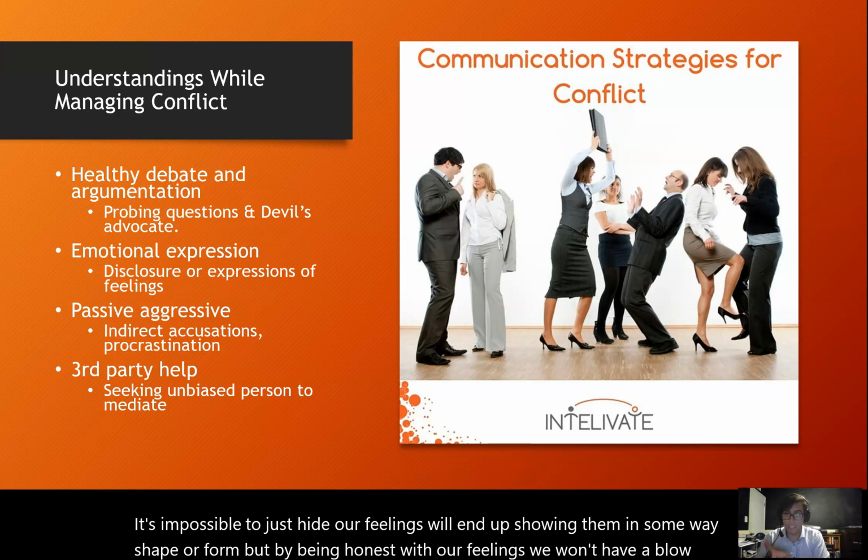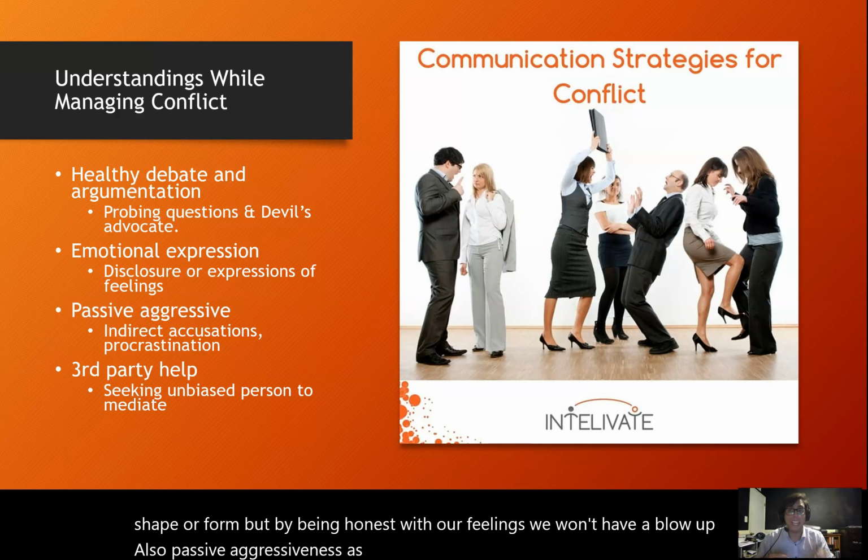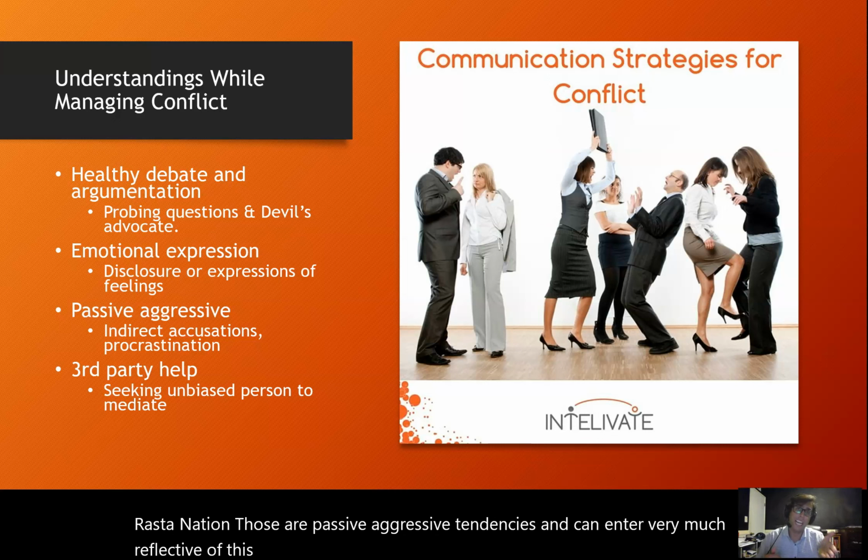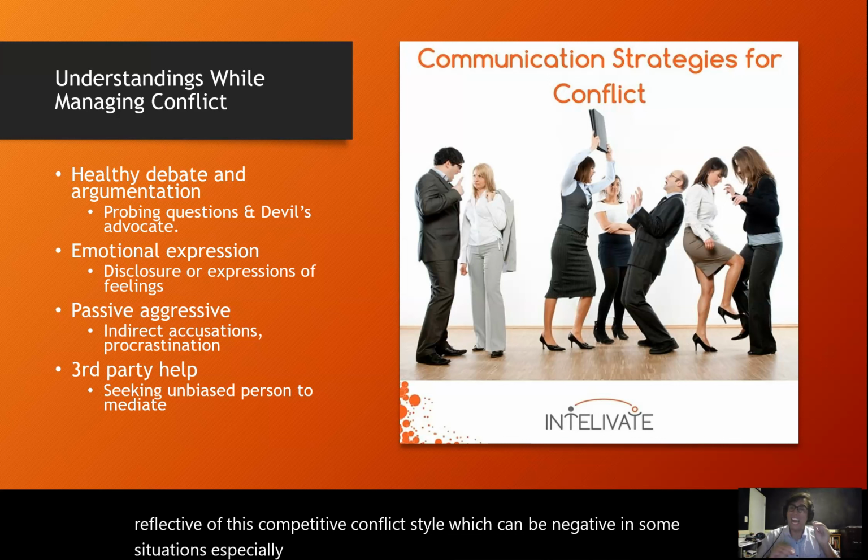Also, passive aggressiveness, as we've discussed, indirect accusations or procrastination, those are passive aggressive tendencies, and are very much reflective of this competitive conflict style, which can be negative in some situations, and especially passive aggressiveness, that can absolutely be negative in all situations. That doesn't solve anything.